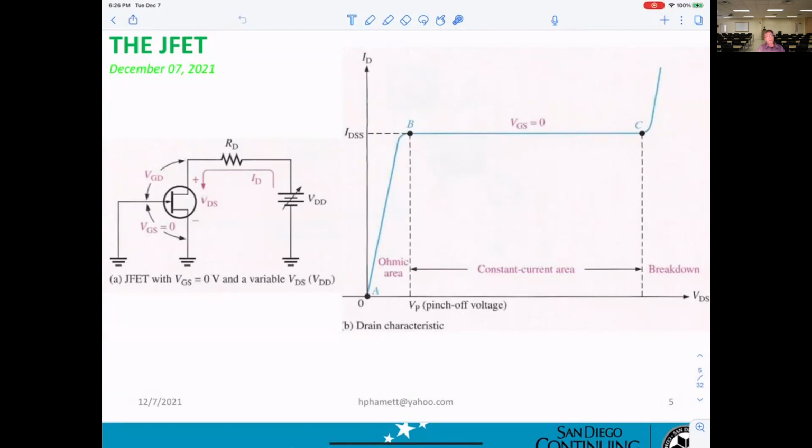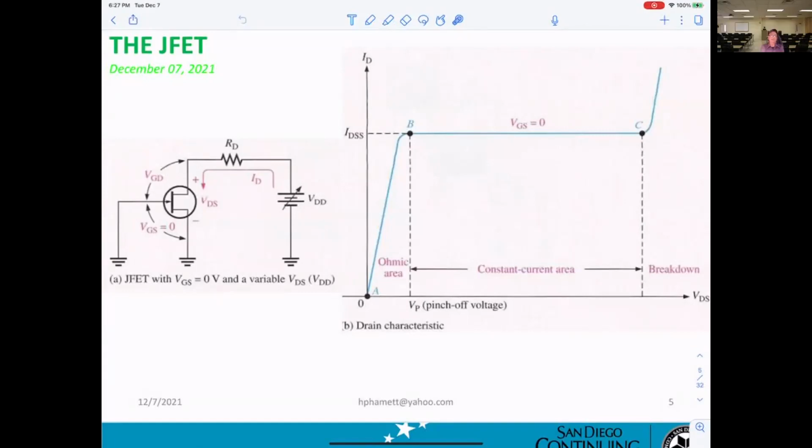I want to make sure I emphasize for you, what is IDSS? Who can answer me? What is the IDSS? I thought we said that's the current from drain to source with the source shorted.